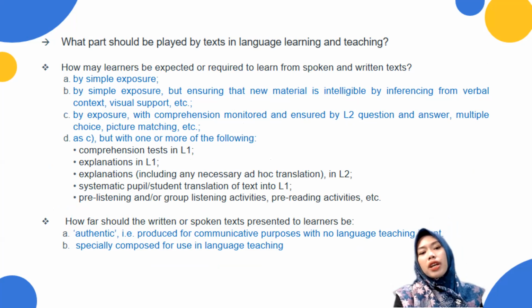The first is how many learners be expected or required to learn from spoken and written text. The first is by simple exposure.